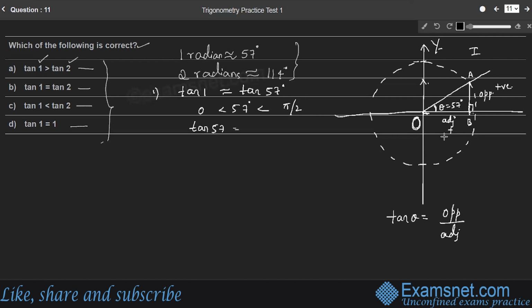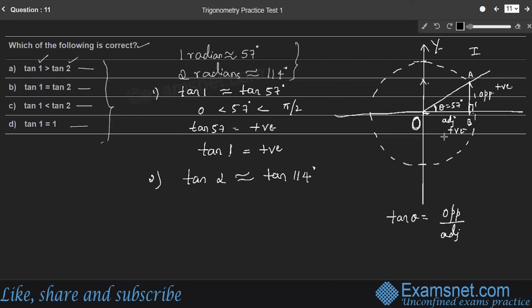Therefore, OB is also positive. Therefore, tan 1 is always positive because it lies in the first quadrant. So we'll consider tan 2 radians. Tan 2 radians is approximately equal to tan 114 degree, right?